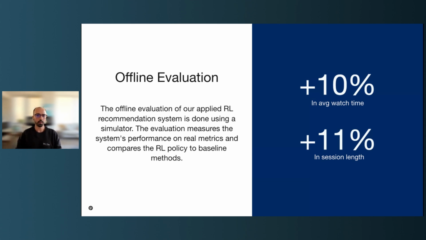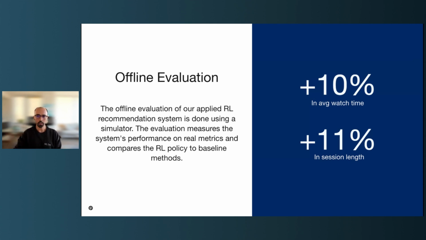When we compared them, we saw that the RL model does indeed improve two of the main metrics we care about, which are how long the user watched the actual items that we recommend to them, in addition to how many items the user will watch during their session. The first one increased by 10%, the second one increased by 11%. And these are generated using the simulator offline.